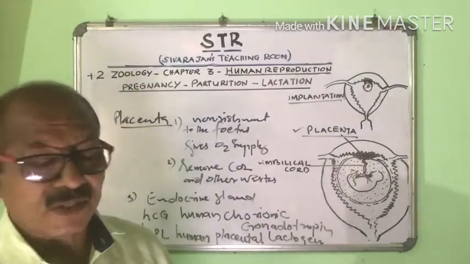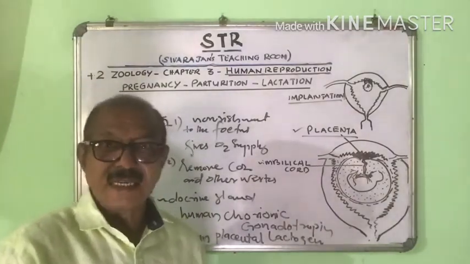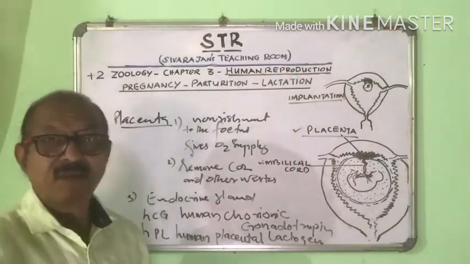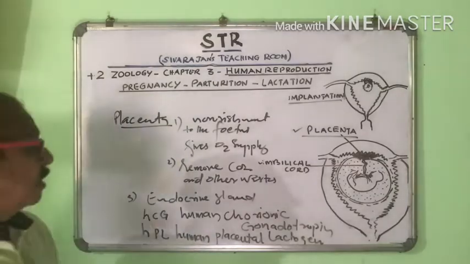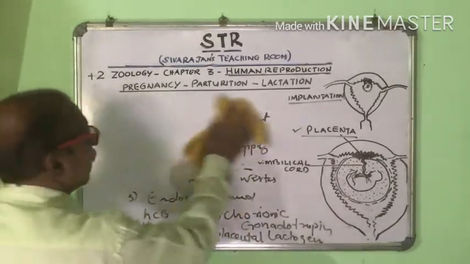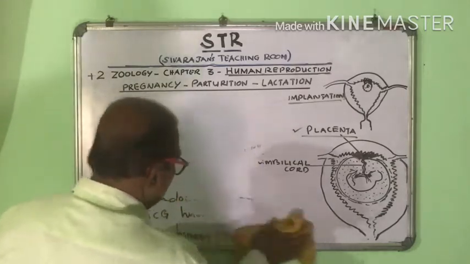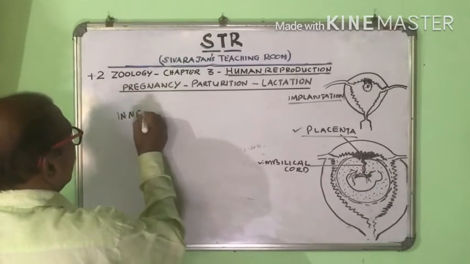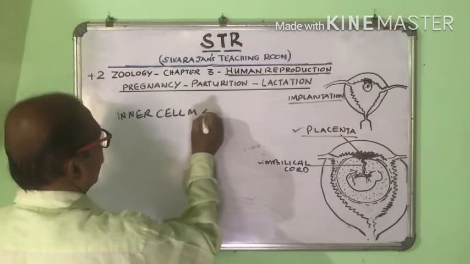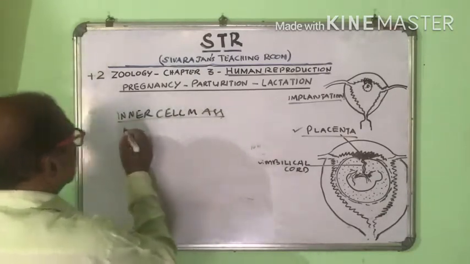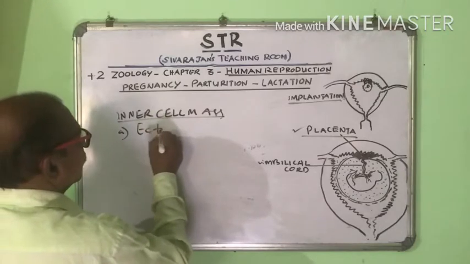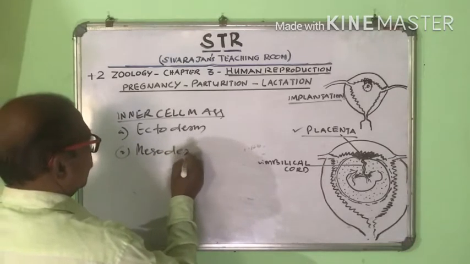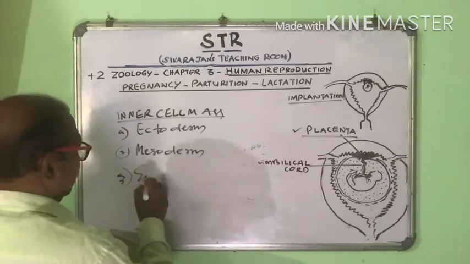What are these layers? The ectoderm, mesoderm and endoderm.